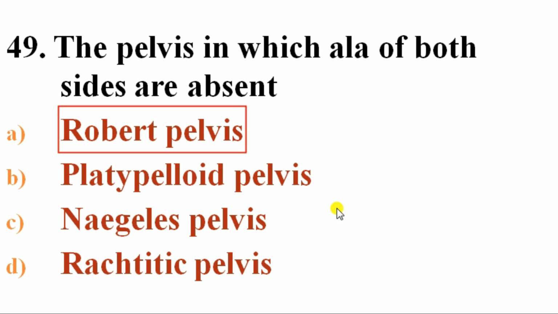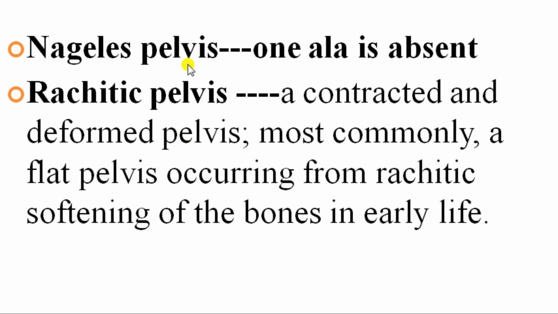We know that platypelloid pelvis is a kidney shaped pelvis, and Nagele's pelvis is one in which only one ala is absent. Rachitic pelvis is a contracted and deformed pelvis, most commonly a flat pelvis occurring from rachitic softening of the bones in early life, that is after rickets disease.